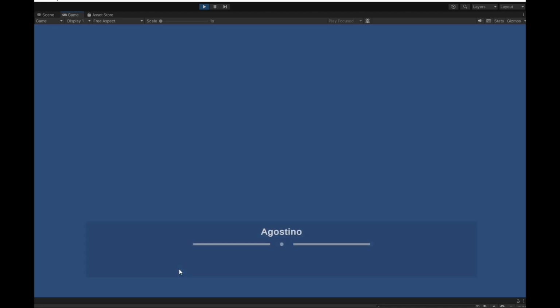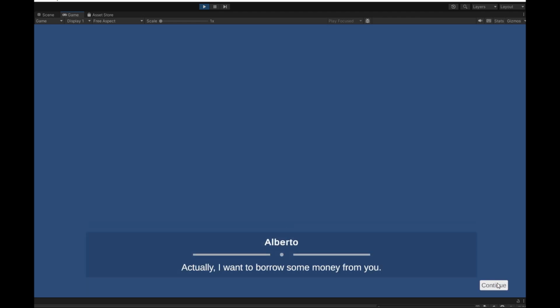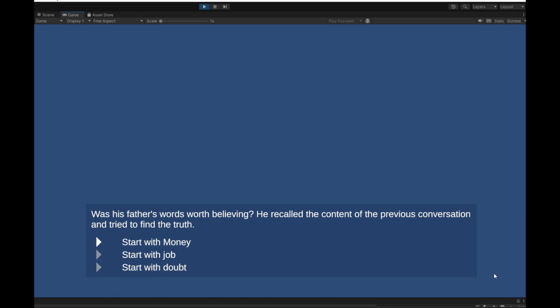I use control flow, which is if-else, to determine, based on the player's choice, whether they get the good end or the bad end. The words and sentences halfway through are different.